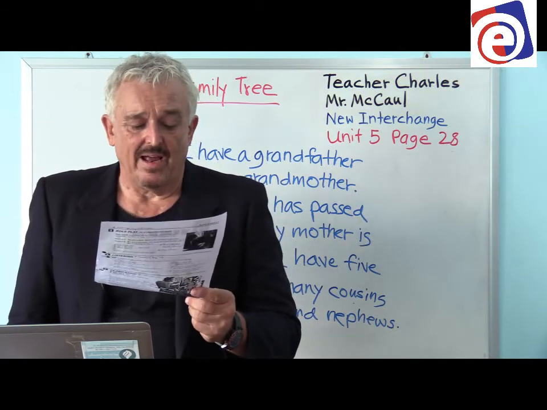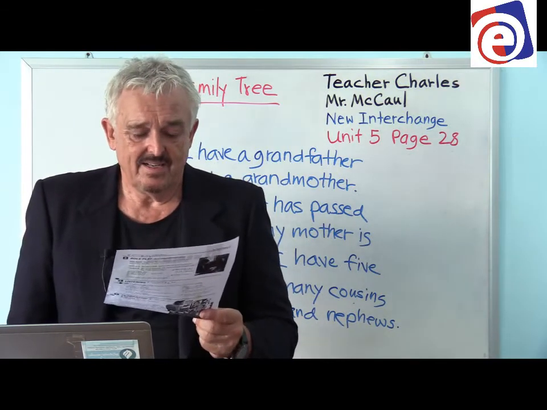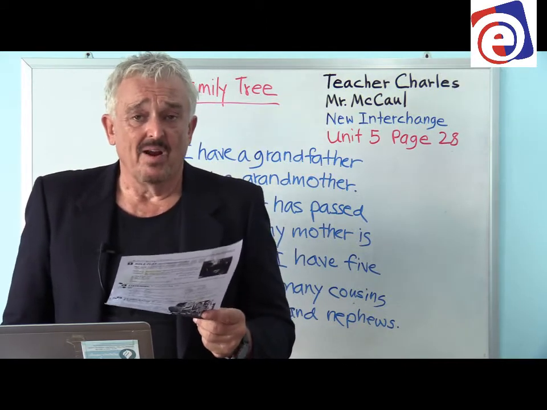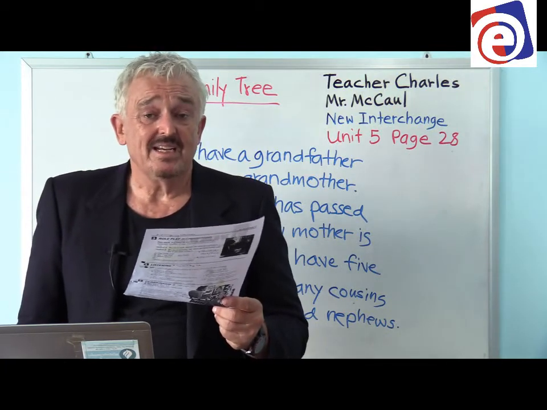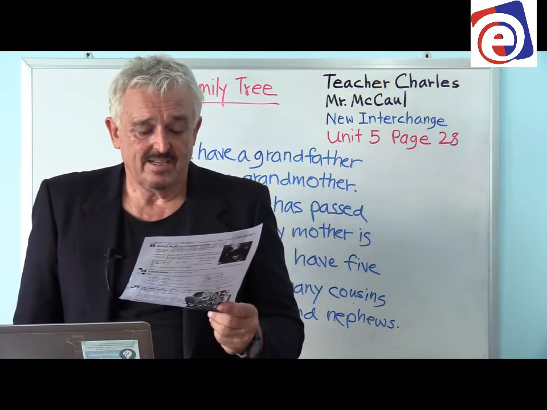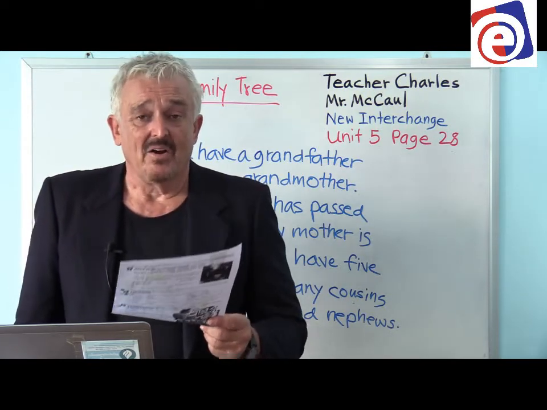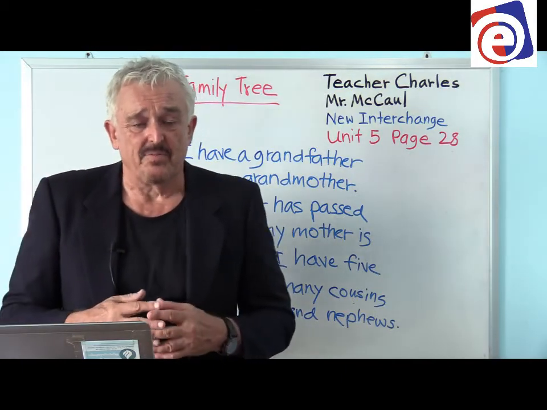Sam and Karen are husband and wife. James and Lisa are brother and sister-in-law. Tracy is the cousin. Nicole and James Jr. are niece and nephew. Okay, so that's an assignment for you.